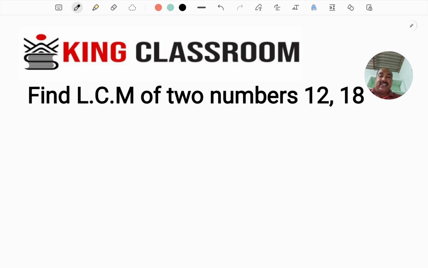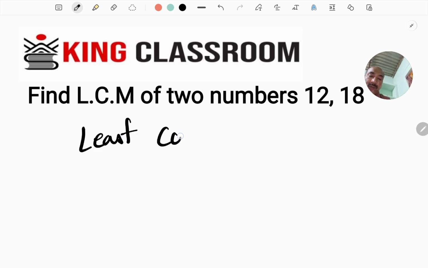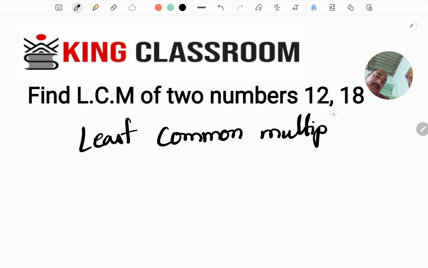LCM. First, LCM means least common multiple, that means least common multiple of two or more variables.